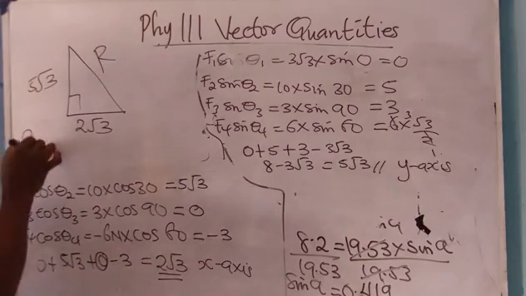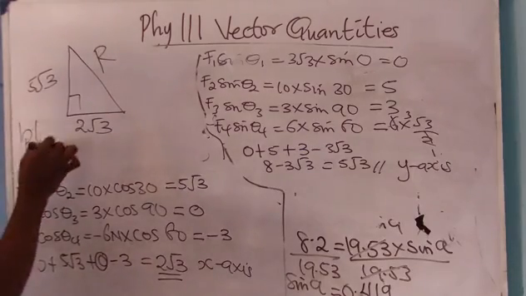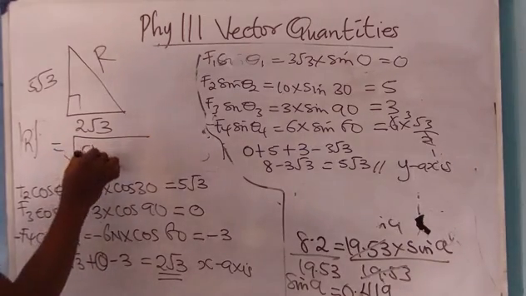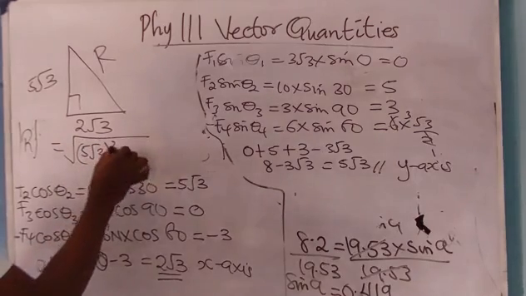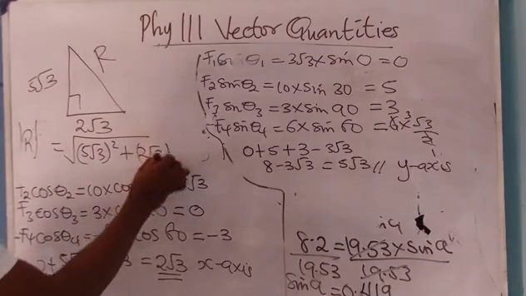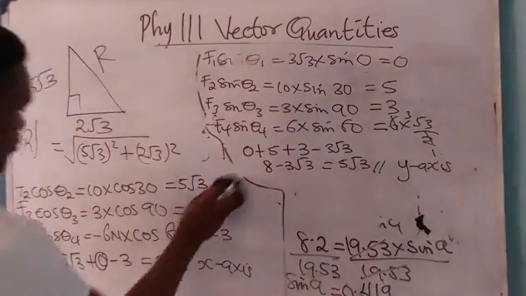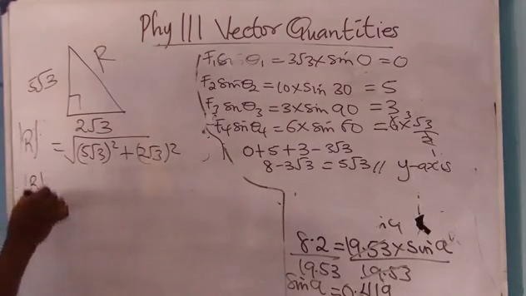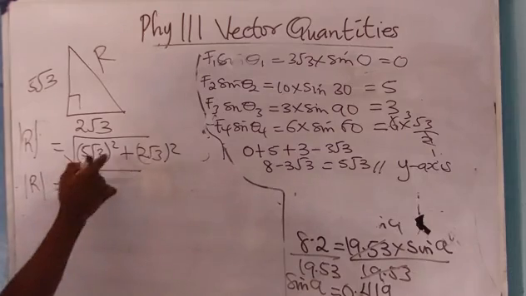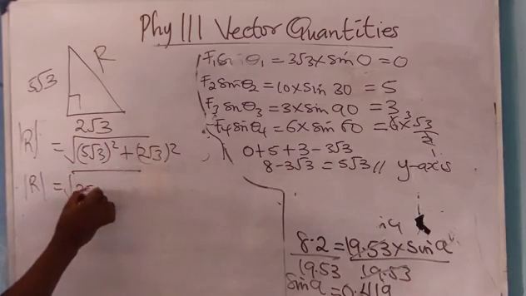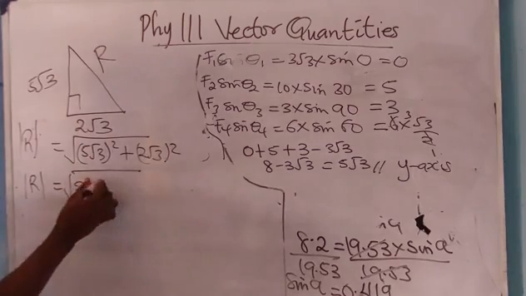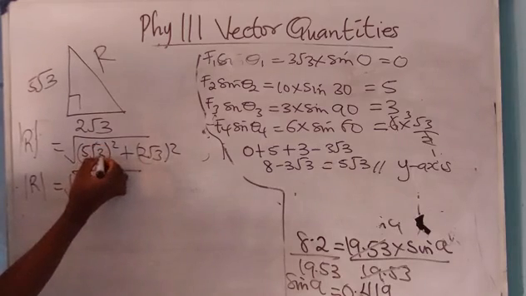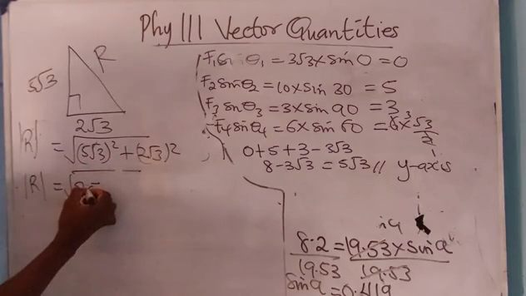So R squared equals 5 root 3 squared plus 2 root 3 squared. 5 raised to power 2 is 25, and the root cancels, leaving 3, so 25 times 3 is 75.